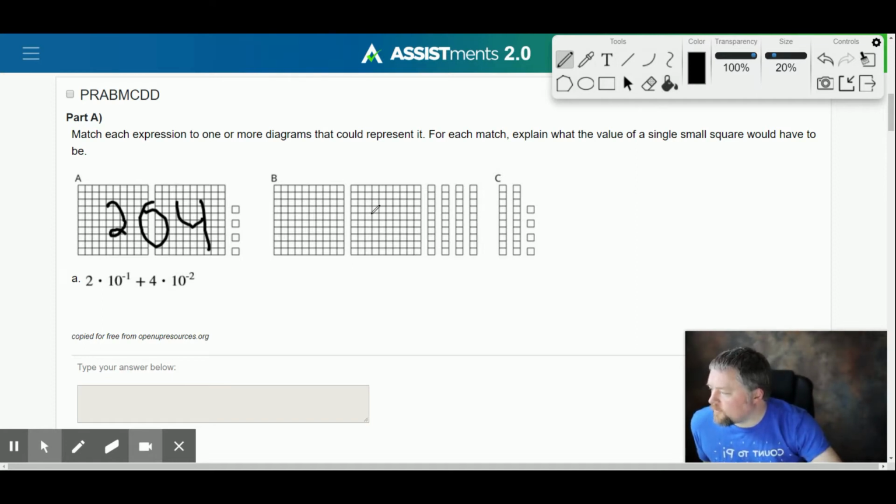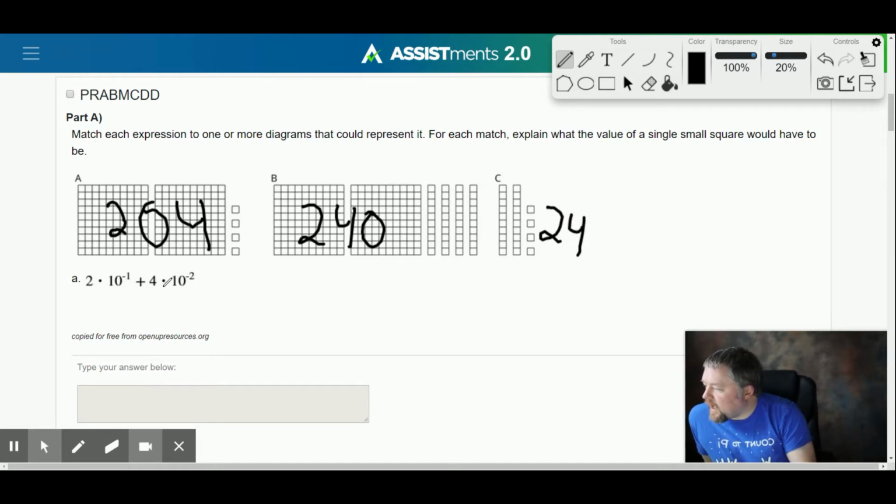B, over here we have 2 100s and 4 10s. And C, over here we have 2 10s and 4 1s.